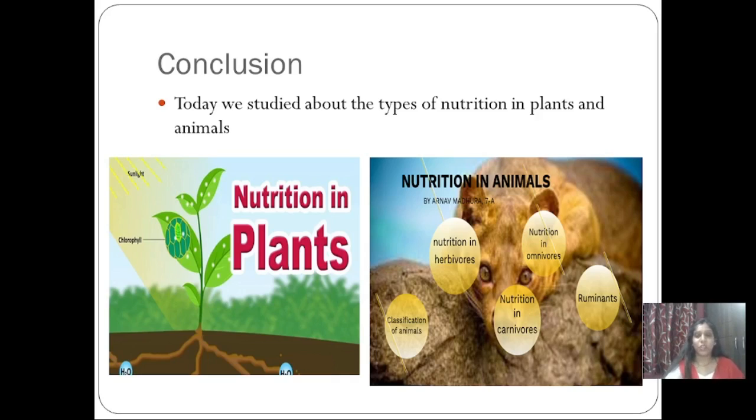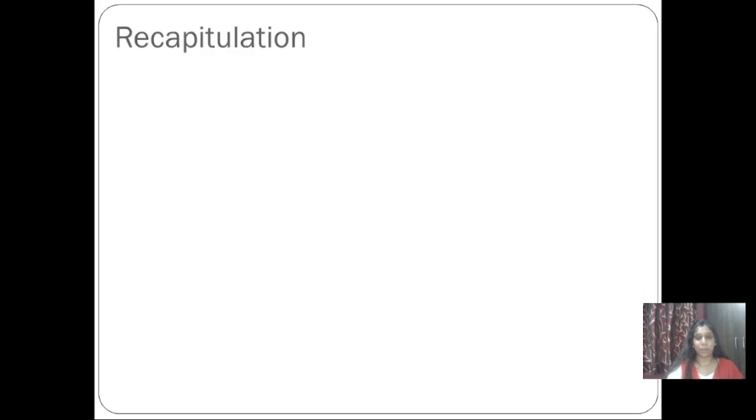Okay children, let us do a little recap. What are heterotrophic plants? The plants that are dependent on other plants are called heterotrophic plants. They are also called parasitic plants because they survive on other plants for food and nutrition.